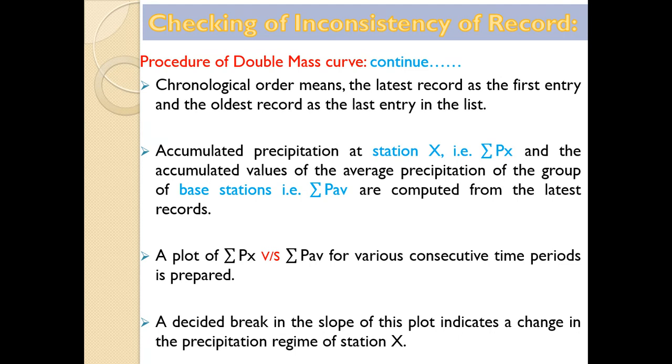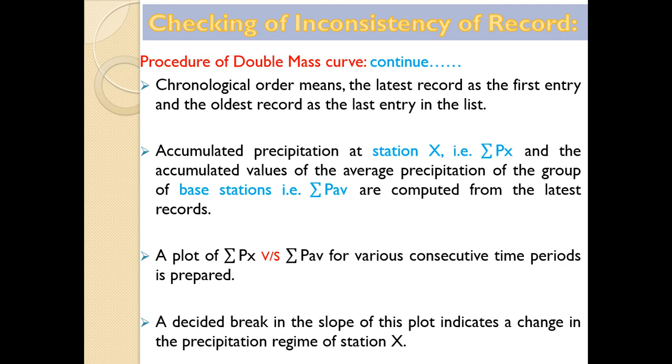Then accumulated precipitation at station X, that is summation Px, and the accumulated values of the average precipitation of the group of base stations, that is summation PAV, are computed from the latest records.